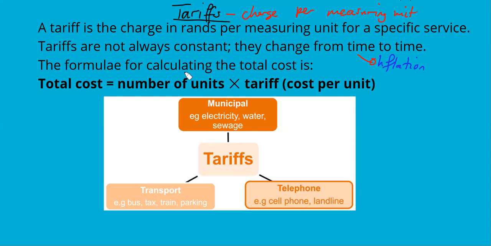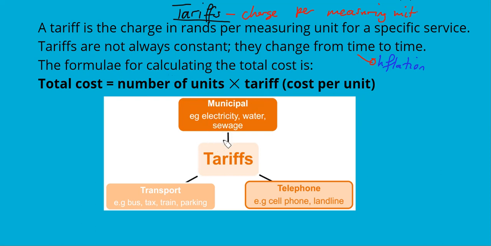The formula for calculating the total cost is the number of units used, be it liters of fuel, times the tariff, which is the cost per liter of fuel. Or with electricity, the number of kilowatts used times the cost per kilowatt.